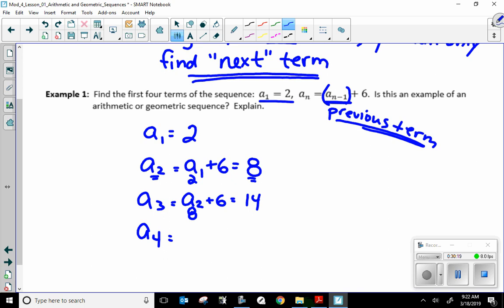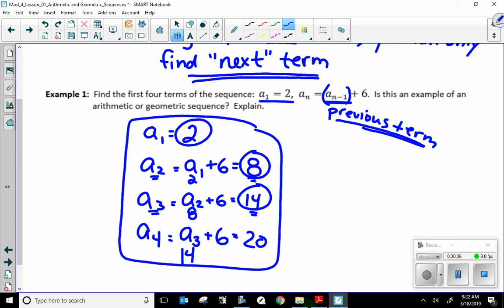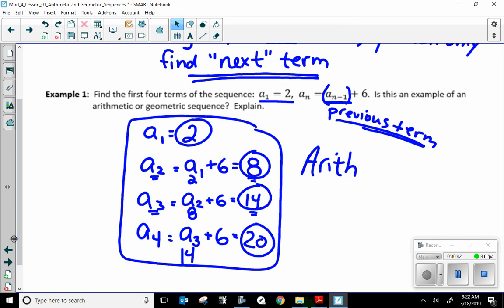In order to find A4, I take my previous term, A3, which was 14, and add 6 to it. 14 plus 6 is 20. There are your first 4 terms: 2, 8, 14, 20. That is arithmetic because it has a common difference of 6. I'm just adding 6 to each one of those previous terms.